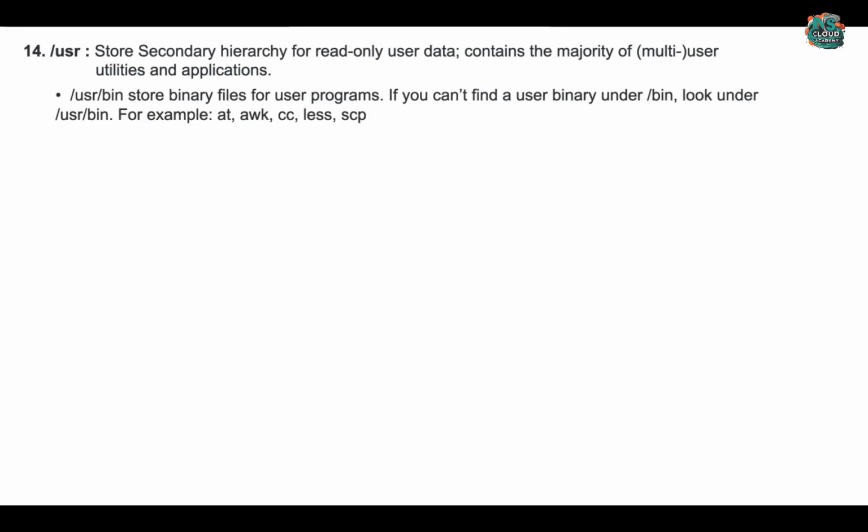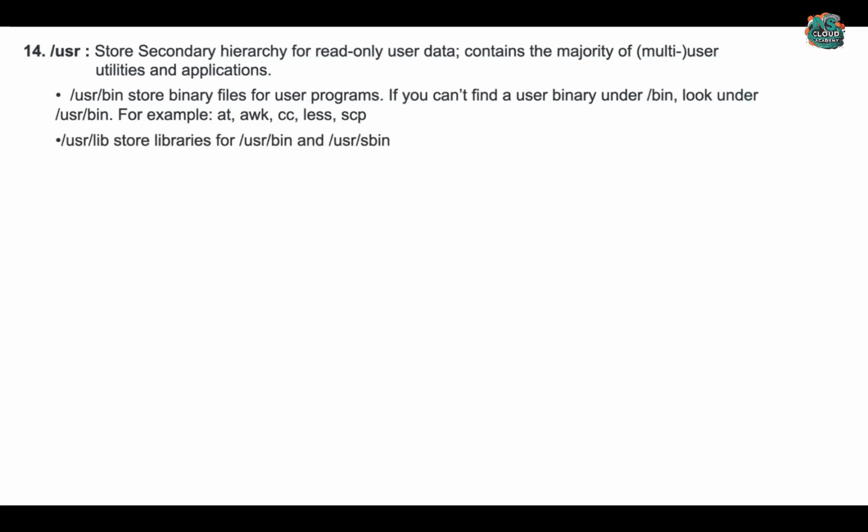Means this directory also stores some executables, right? If you're trying to find some command in /bin and it is not there, you can search for it in /usr/bin, right? Just like awk, cc, less, scp, all these commands are stored inside /usr/bin. usr means user, right? People also call user usr.